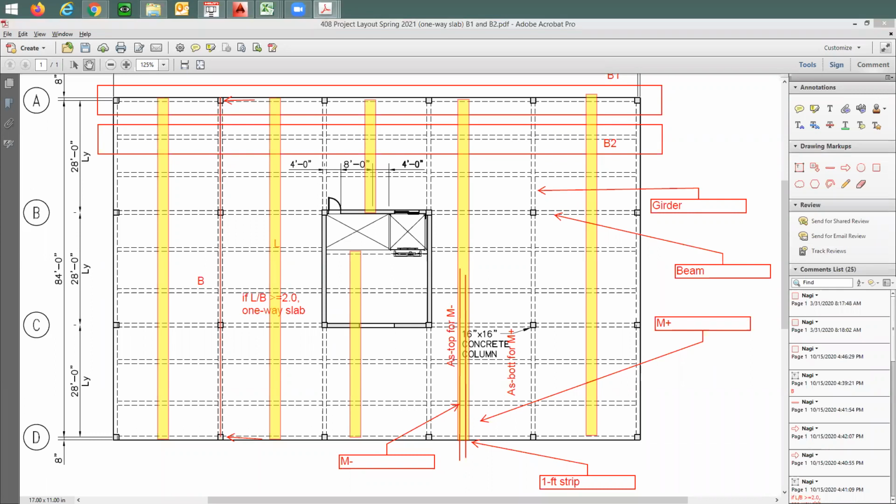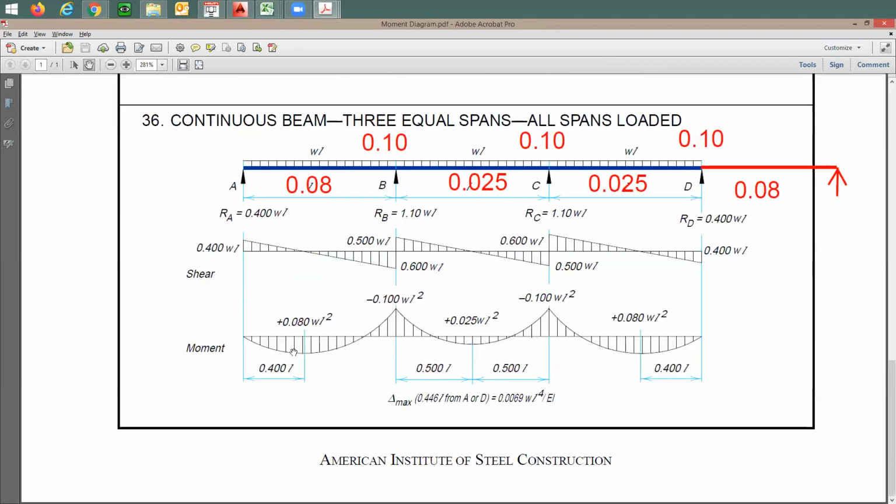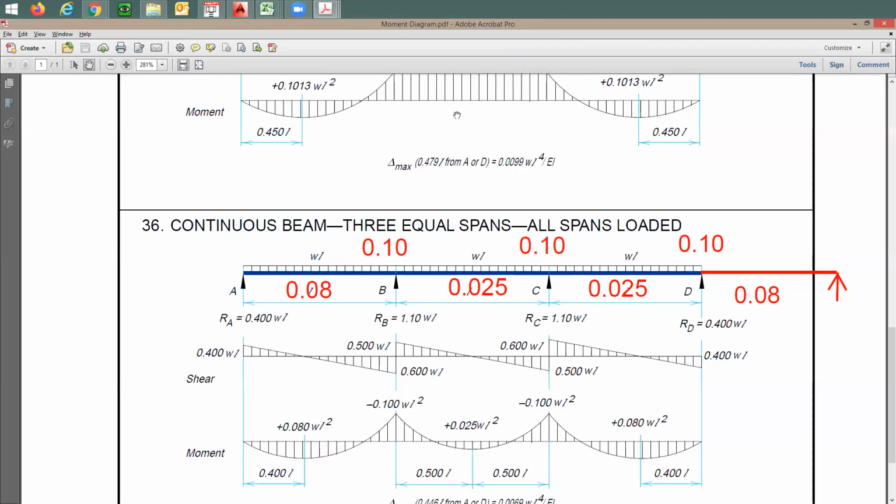Now, I'd like to do the moment diagram. Here we go. You have this document also, so you can do this moment diagram. As I said, you can extend this to 100 spans if you want to. In our case, we have 9 spans. My question to you is, what is the maximum negative moment according to this? Can someone figure this out?